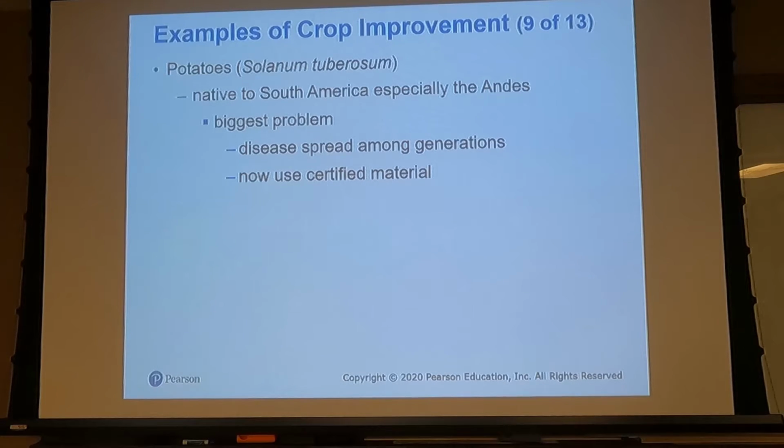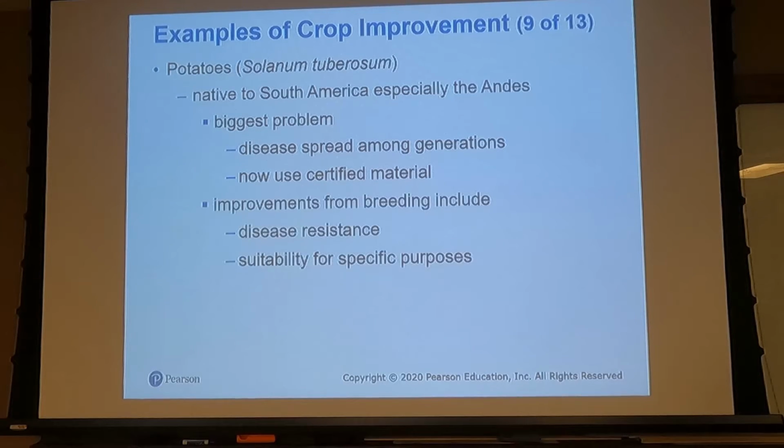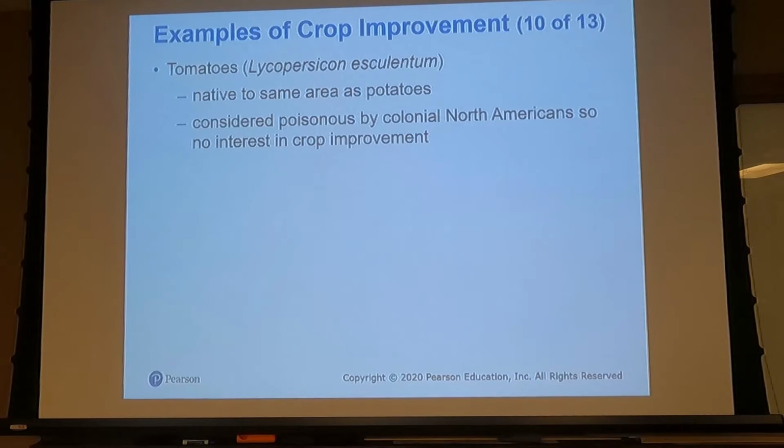Potatoes, we've heard of the great potato famine where a blight knocked out the entire potato supply in Ireland. So we've bred for that disease resistance and also suitability for specific purposes.